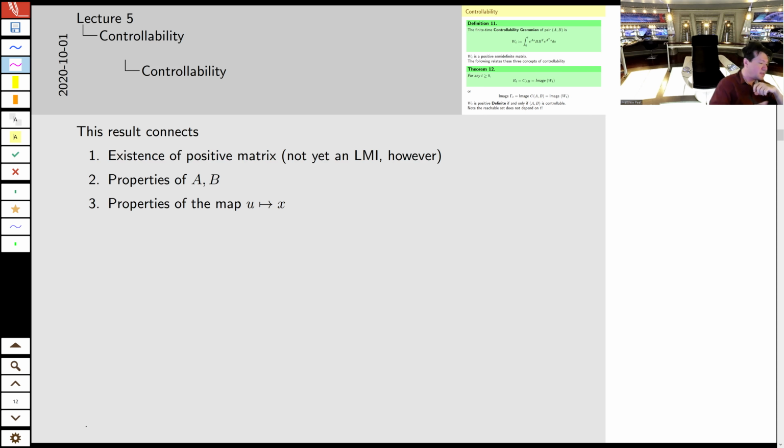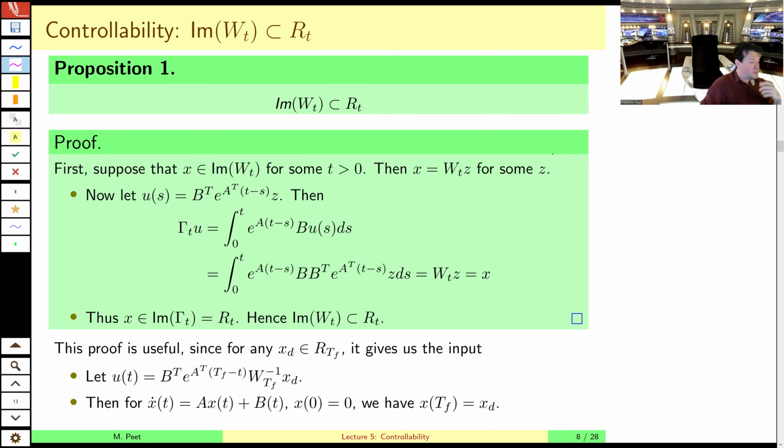Again, it relates the properties of the representation, the properties of the map gamma t, or the system, and an LMI or Lyapunov function. I think it is illuminating, and we'll actually use it in the second part of this lecture to go through one particular part of that.